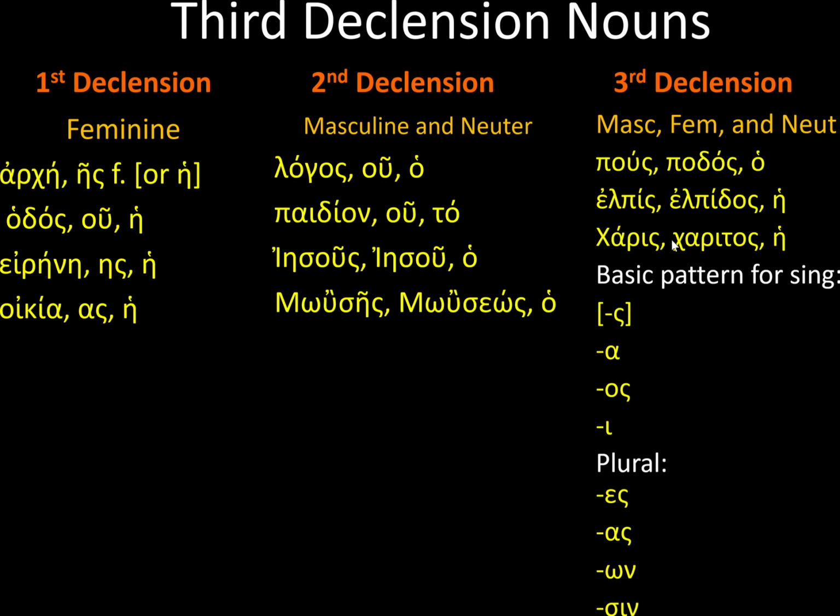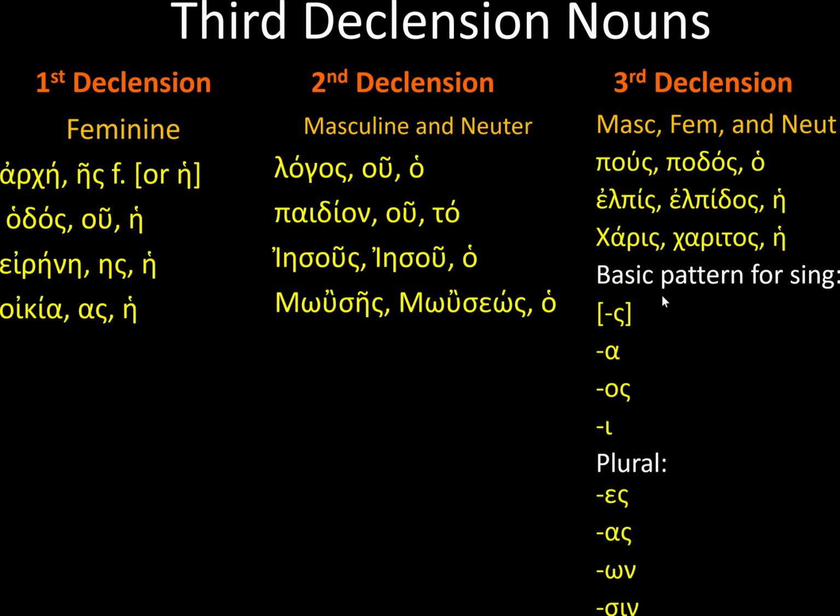The first word, pous, is masculine, elpis is feminine, charis, grace, is feminine. And we need to remember that. We need to know also the genitive singular, because it is from the genitive singular, from this stem, pod, not from pous, but from pod, that the rest of the endings will be built.